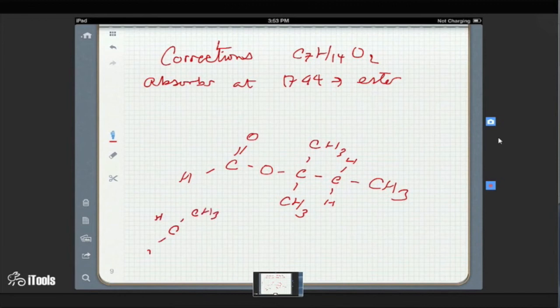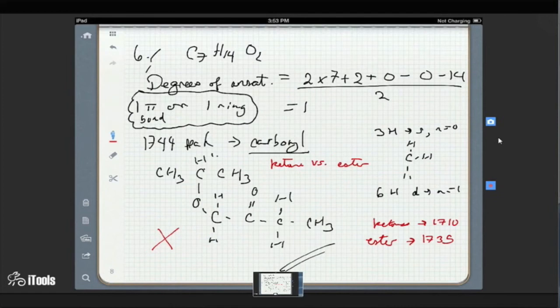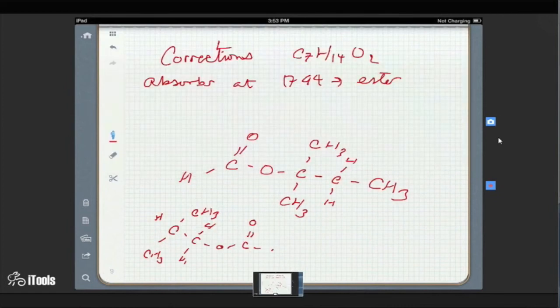This is probably a methyl group, not OH. One, two, three, four, five, six. All right, let's work with this one. I think this one is good. No, it can't be the one with this.